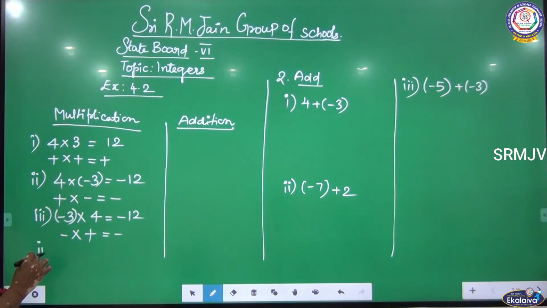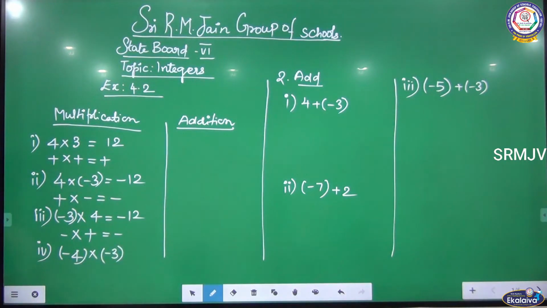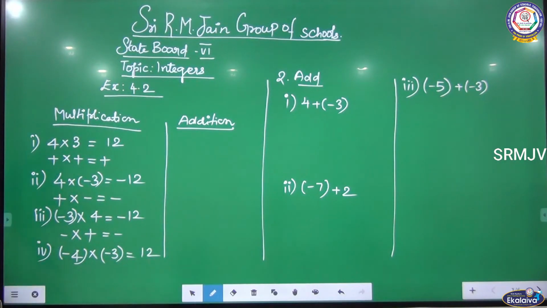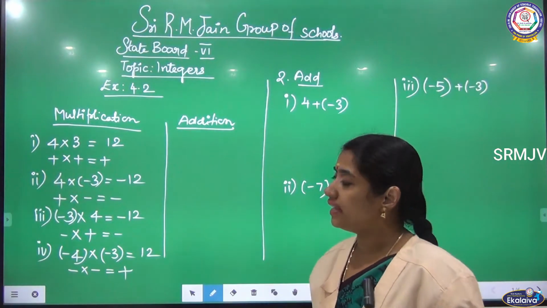And the fourth one, minus 4, which is my negative integer, into minus 3. Negative into negative is a positive. So, minus into minus, which is what? Plus.